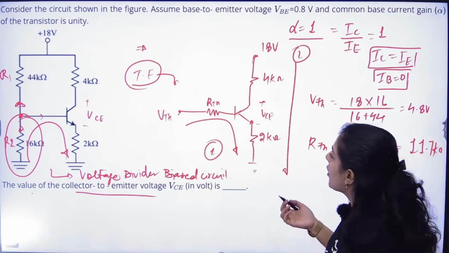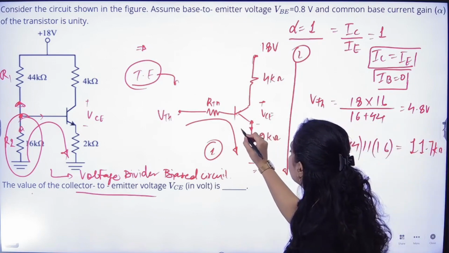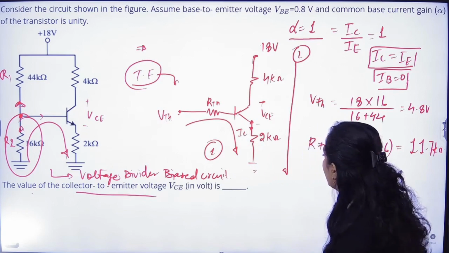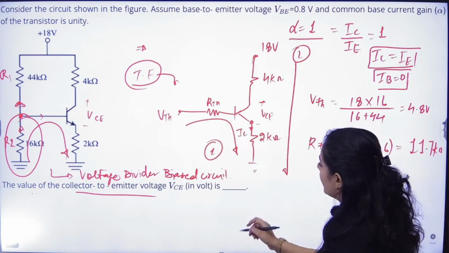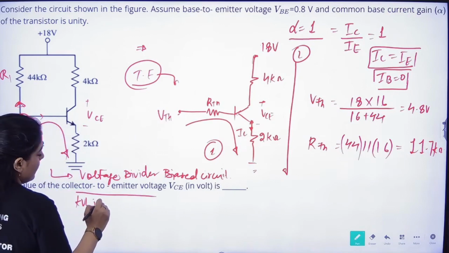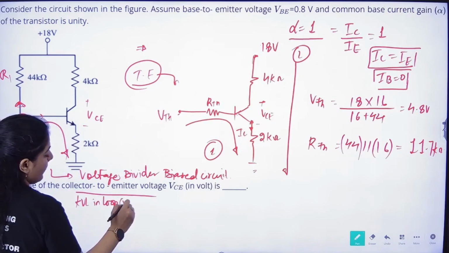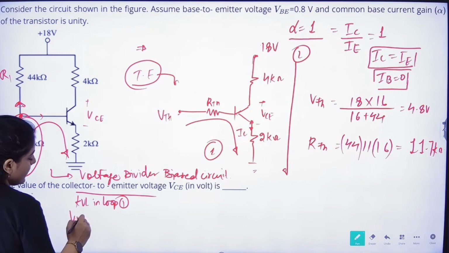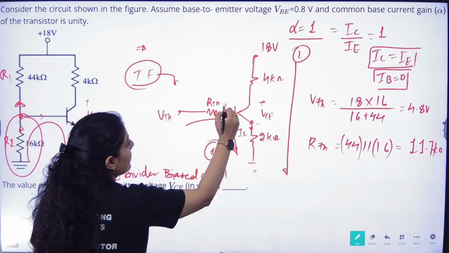From the first loop, what we will get? We will get the value of this IC current. Now let's just apply KVL in loop 1. So VTH, now current IB is equal to 0.